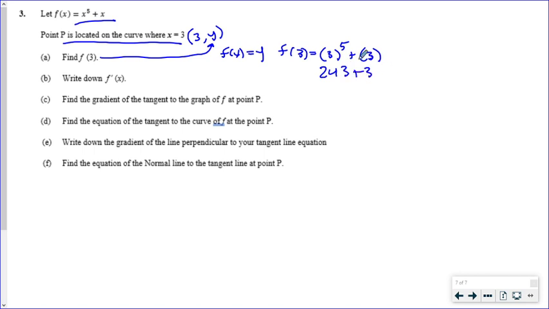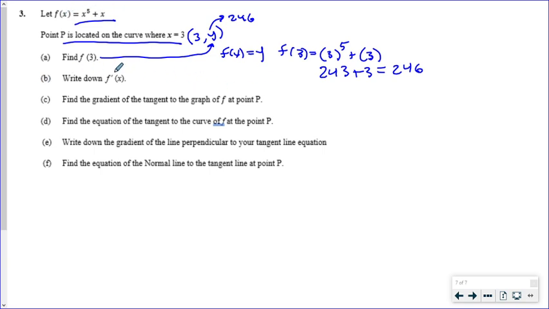Let me clear that. 243 plus 3. Okay, that's 246. I knew that. So then when my x value is 3, my y value is 246. Don't forget that. F without the little symbol here means just find the y value.